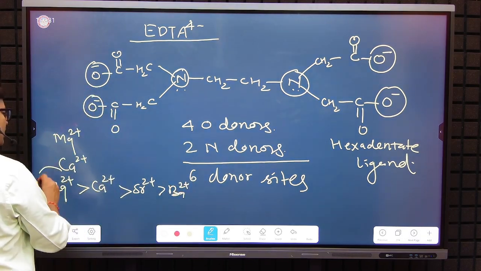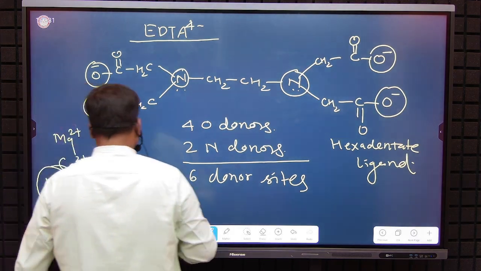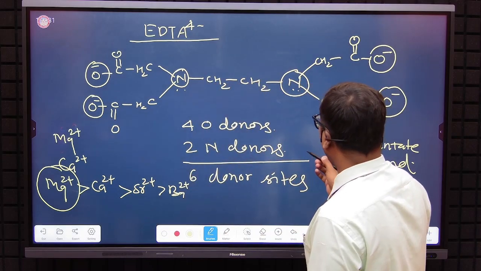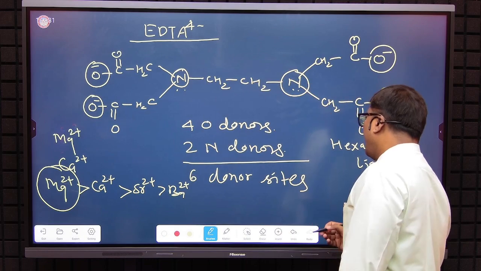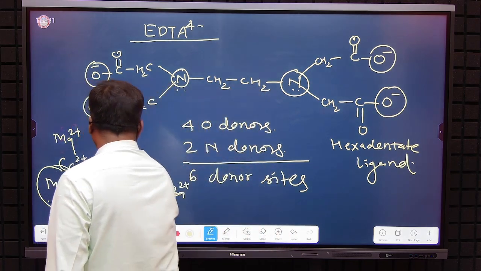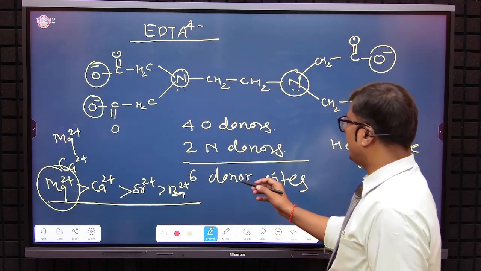So this Mg2 plus has a suitable size, and it can accommodate and stabilize this particular anionic ligand, so form complexes. As you know, this is the series of increasing size in that particular M2 plus state.